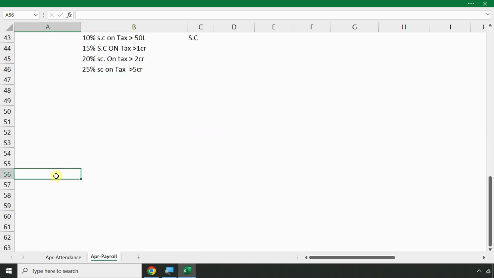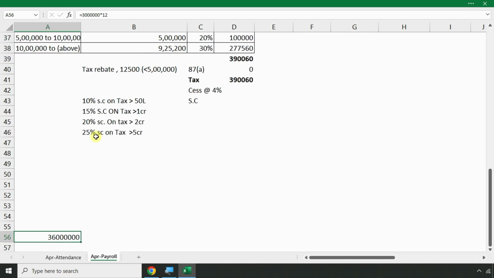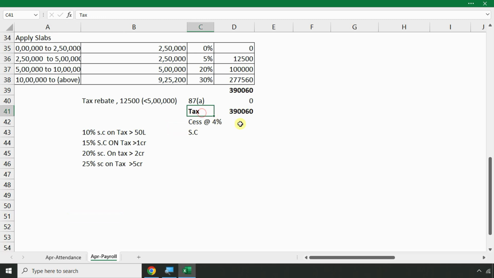Yes? 3 crore 60 lakhs. So he comes under it. It is only basic plus 50% basic HRA plus DA. He crosses 5 crore. So he needs to pay more. On this tax 4% cess, on this tax extra 10, 15, 20, 25% based on the applicability.